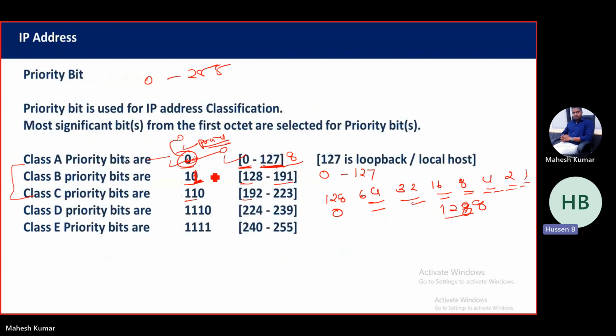If I'm using 128 in class B, only one bit I need to enable; I need to keep it on and the rest will be 0.